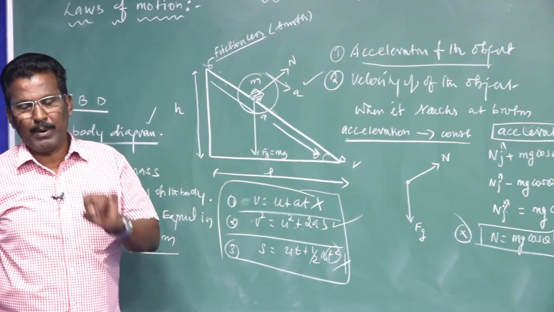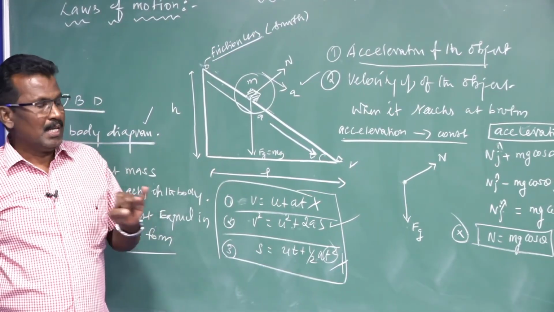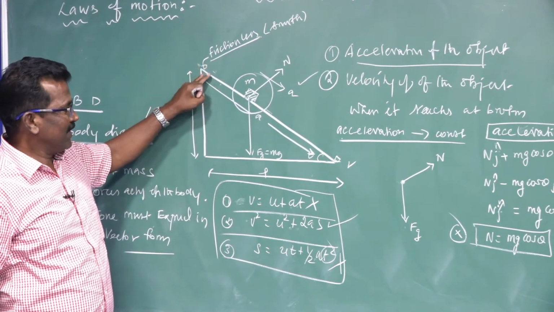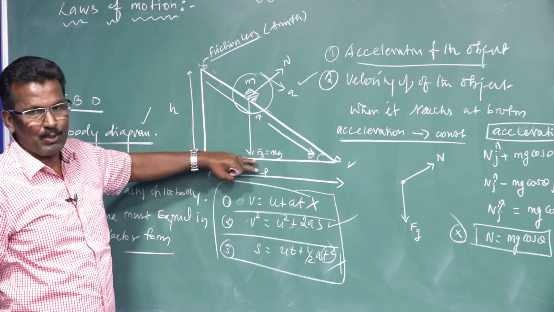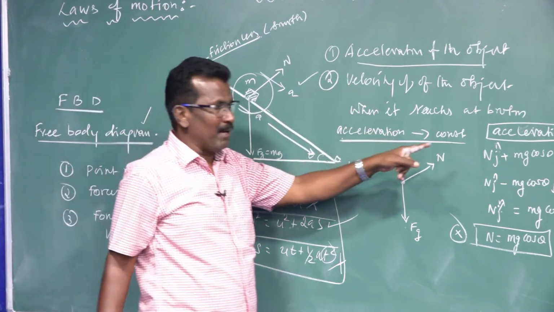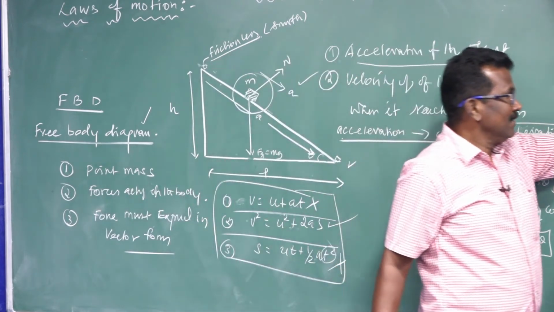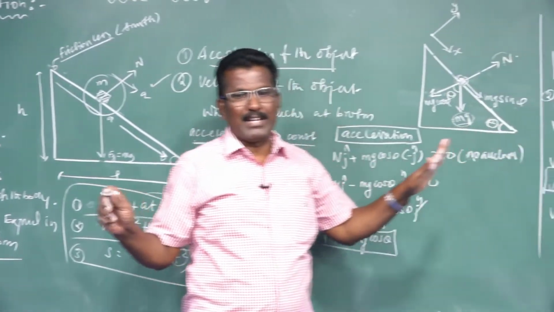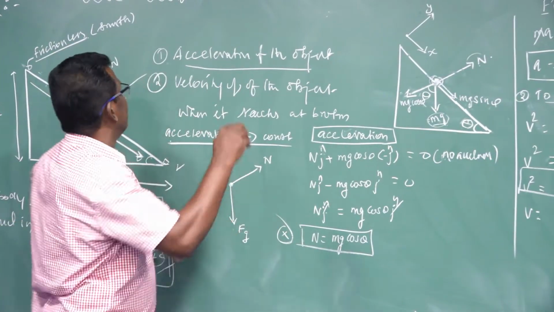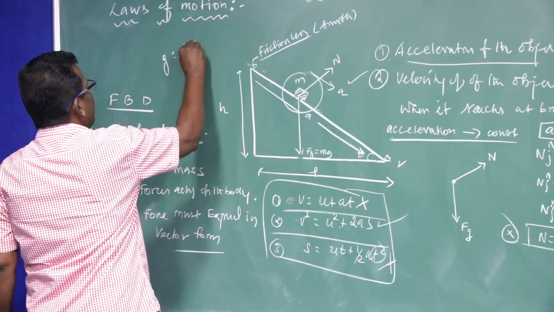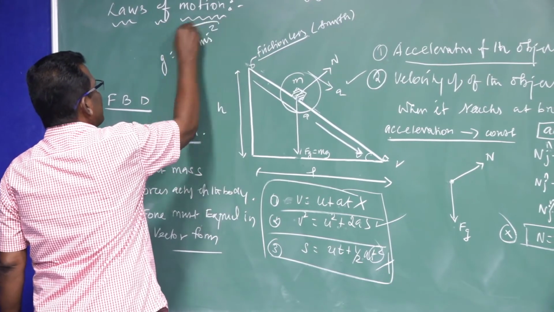Okay. Two important things must be remembered. If any body is placed on a smooth surface which is making a certain angle with respect to the ground, the acceleration can be calculated by using the formula a is equal to g sin theta. G represents acceleration due to gravity. Generally on the surface of the earth, g is taken as 9.8 meter per second square.